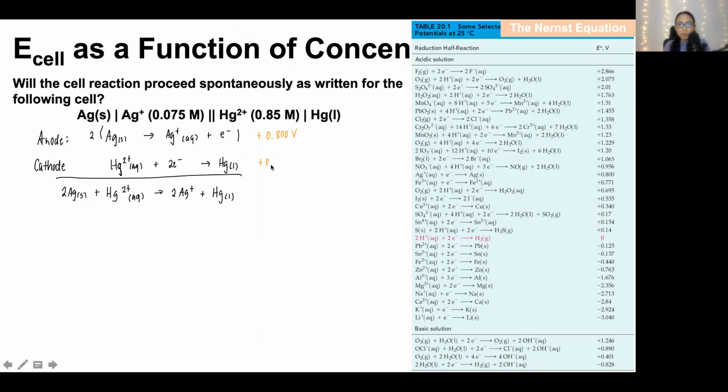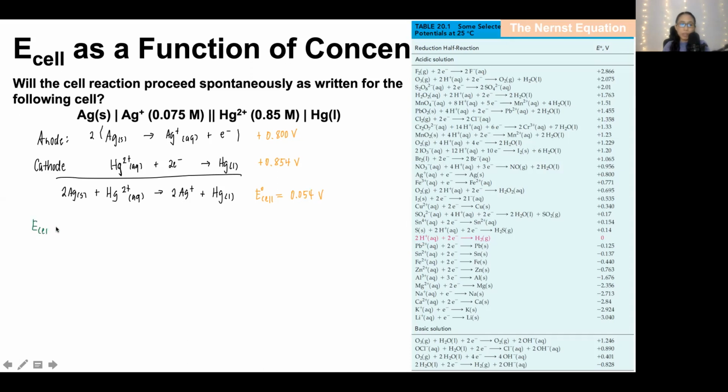So, positive 0.854 volt. Now let's compute for the standard cell potential. That's cathode minus anode. So, 0.854 minus 0.8, which is 0.054 volt. Now let's go to our Nernst equation.